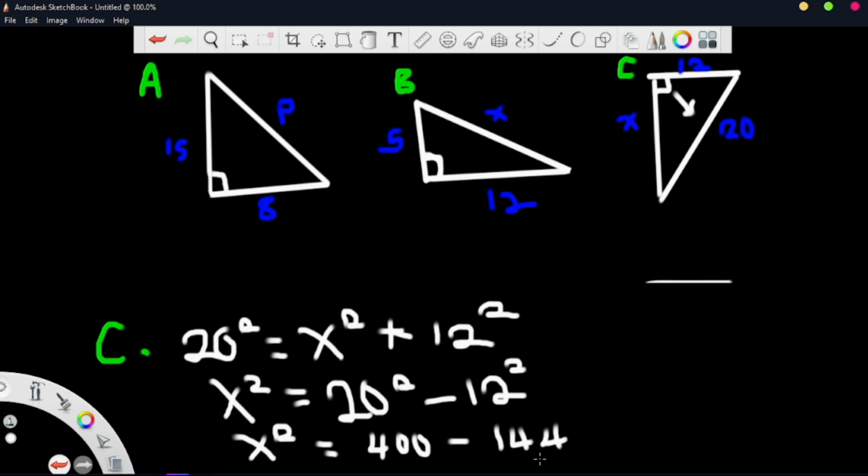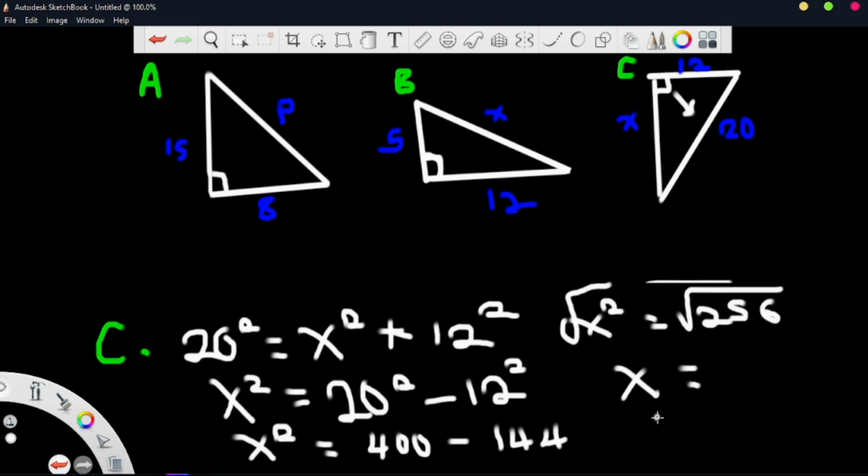That is 256. So my x squared is equal to 256. So I have to find the root of 256, and therefore my x value will be the root of my answer, which is 16. So we have basically solved.